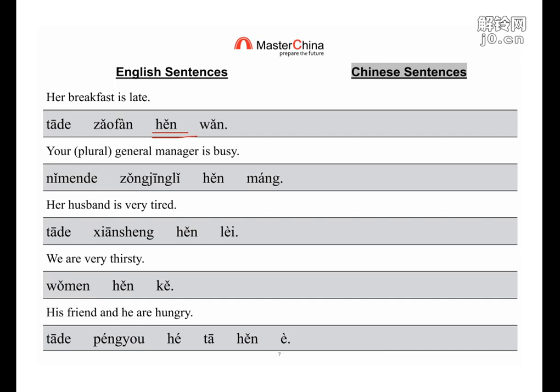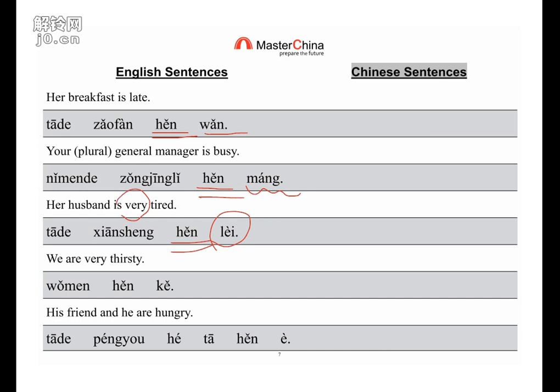Next one is 你们的总经理很忙. That's the adjective, 忙. 晚, adjective. 他的先生很累. So, 累, adjective. In English you say "very" here; in the sentence, we just say 很. That's perfect.